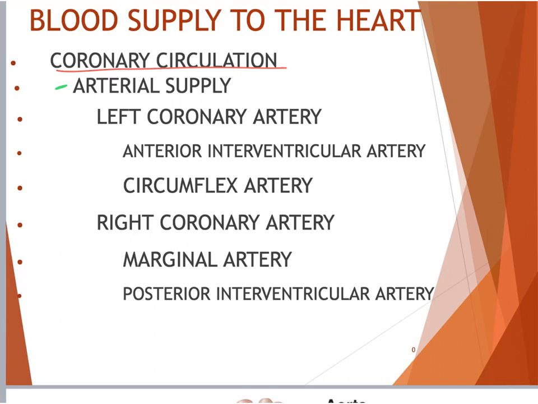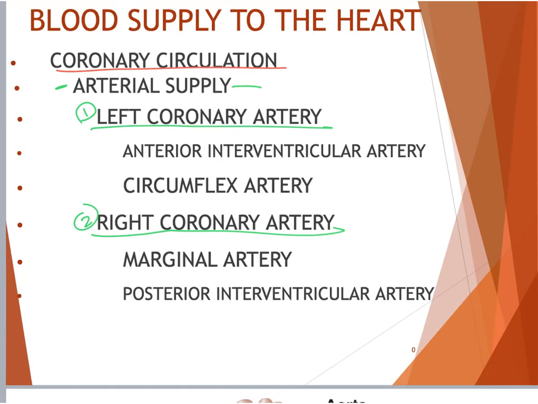So the arterial supply, these all branch from the aorta, and we have the two major branches, being the left coronary artery and the right coronary artery. And so when we talk about these two vessels, here's what we know. Again, they both arise from the aorta, and they encircle the heart in that atrioventricular groove.